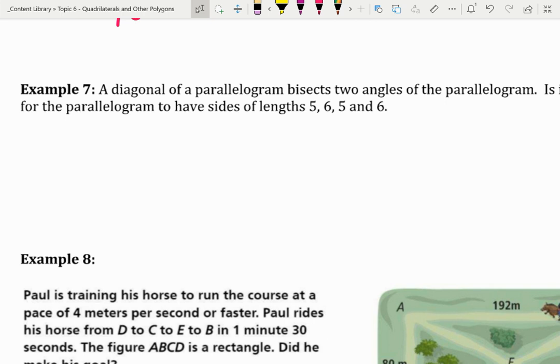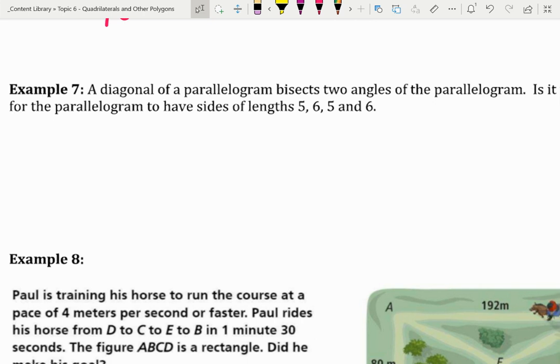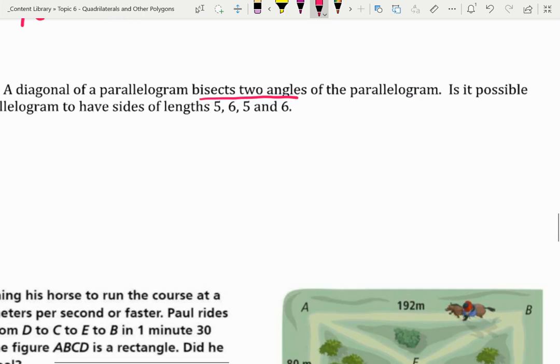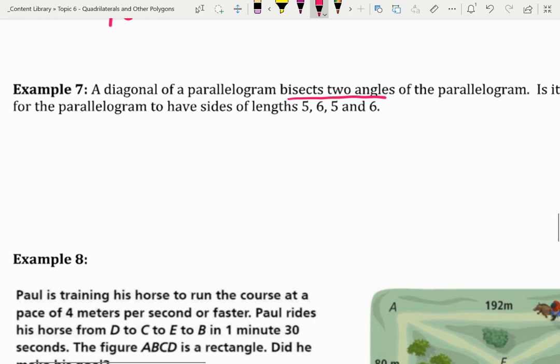Example 7, a diagonal of a parallelogram bisects 2 angles. Is it possible for the parallelogram to have sides 5, 6, 5, 6? Probably not. Okay, if the diagonal of the parallelogram bisects this, can the sides be 5, 6, 5, 6?